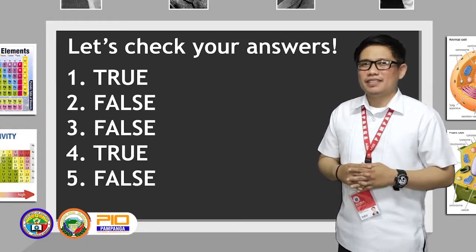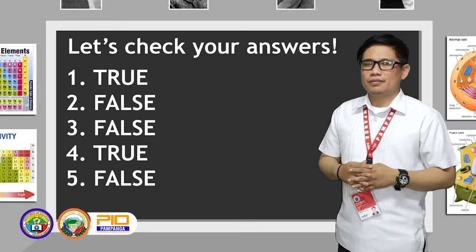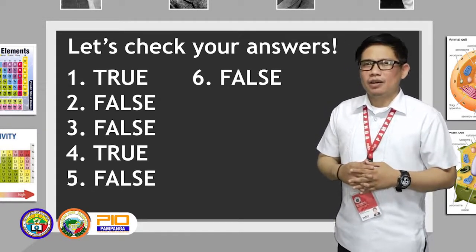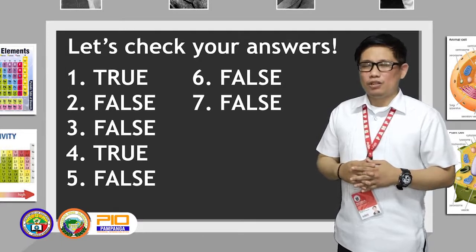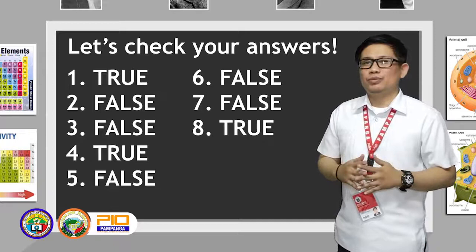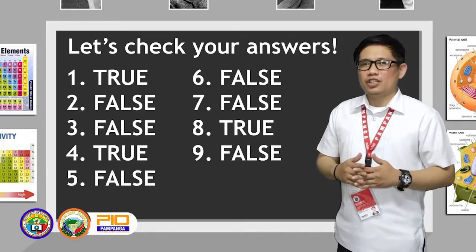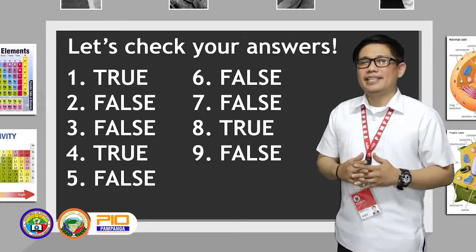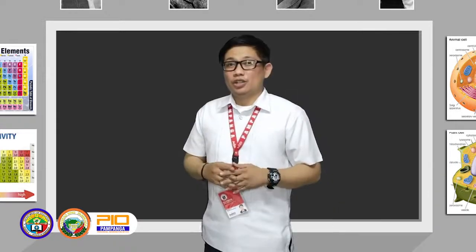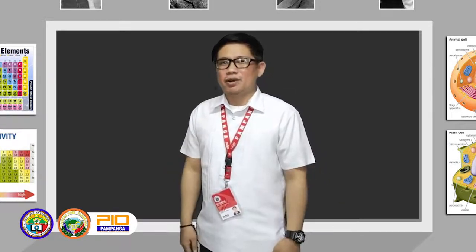Number 5 is false. Number 6, false. Number 7, false. Number 8 is true. Number 9 is false. And number 10 is true. Good job, teens! You got them right.